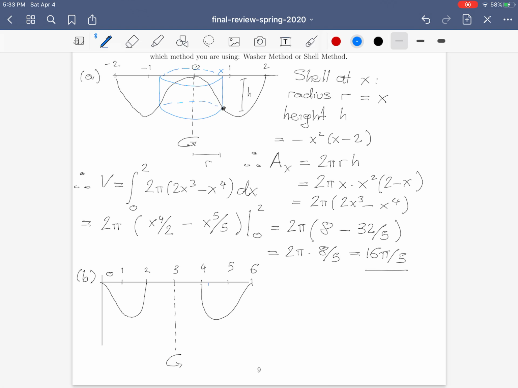So let's draw a typical shell. Let's take a point x here. So here's x, here's its mirror image. Here's my shell. So we use the shell method again.